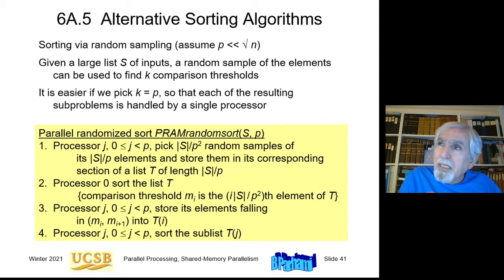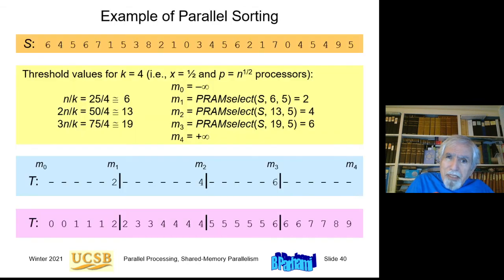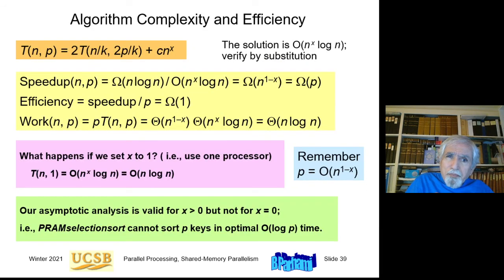Okay, so this algorithm is theoretically satisfying because it's optimal in a theoretical sense. However, in doing the complexity analysis, we have no idea what C is. So even though it's order n to the x log n, there may be a large constant in front of it. Furthermore, developing the algorithm is fairly complicated and error prone.